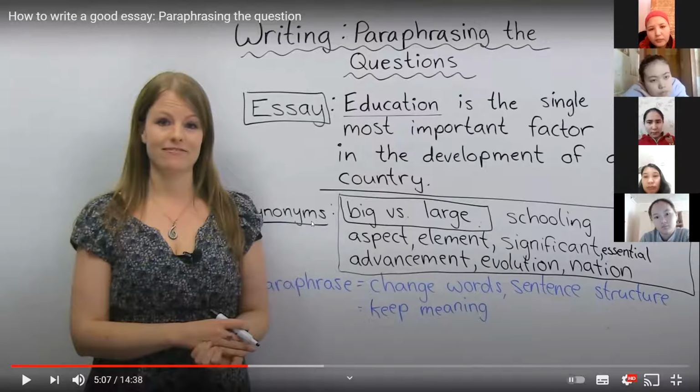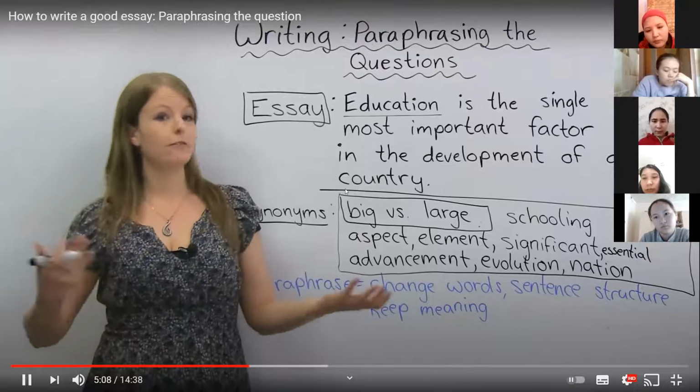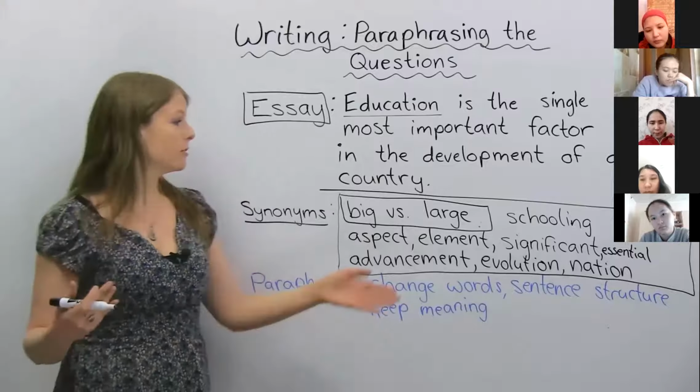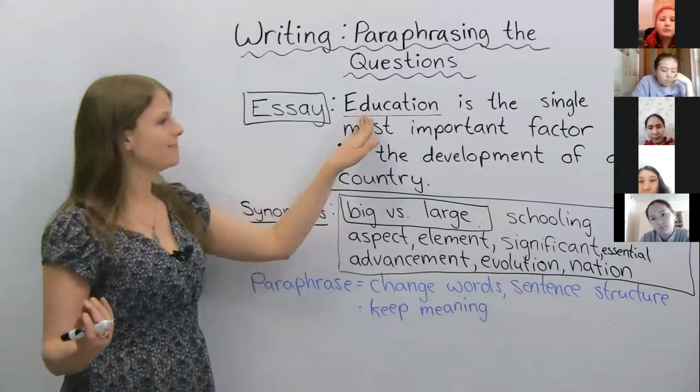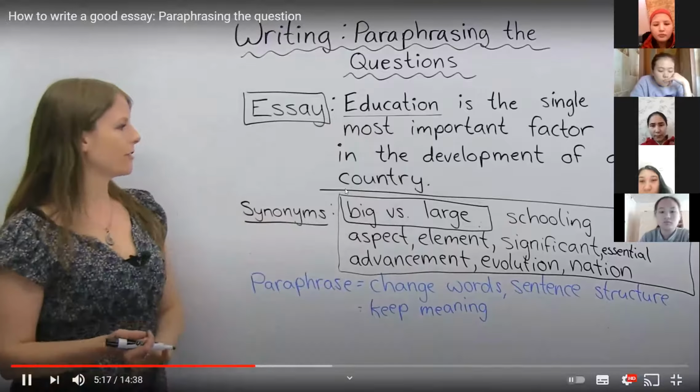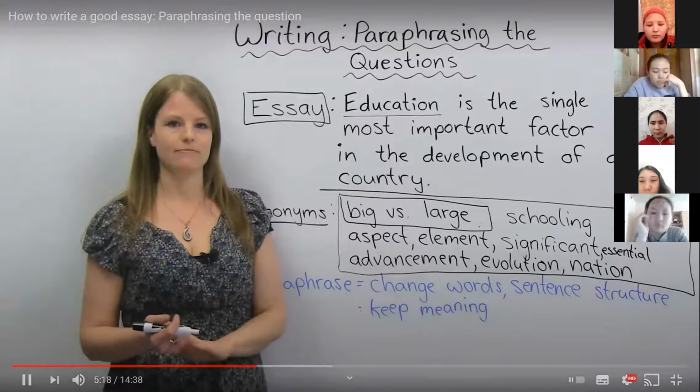Or maybe knowledge. Okay, let's continue. Well, there's different words we can use. Maybe one could be schooling. Okay, so we could change this word to schooling. Schooling is the single most important factor in the development of a country.